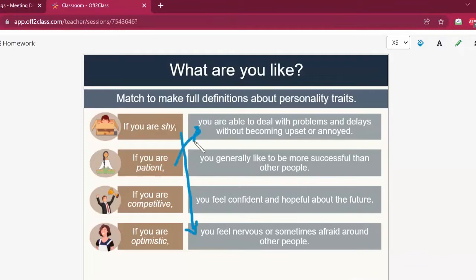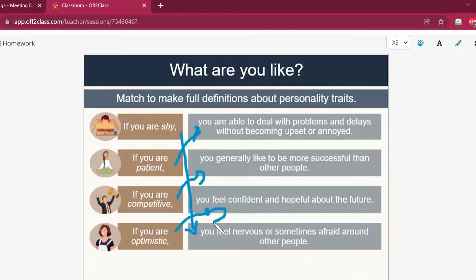Very good. Okay, now Iman. If you are competitive, you generally like to be more successful than other people. And the last one, Fatima. If you are optimistic, you feel confident and hopeful about the future.